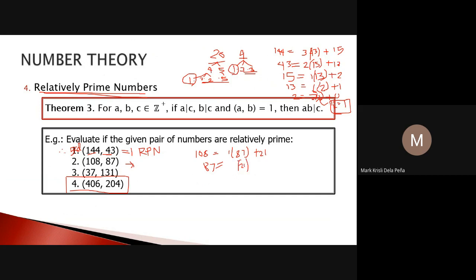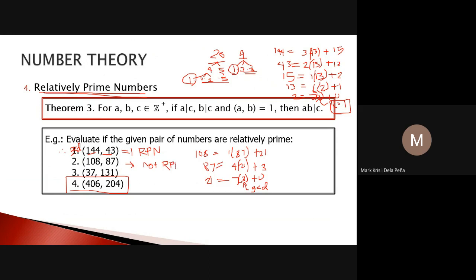This is 4 and 3. So you have 21. This is 3, 7, and the remainder is 0. So the greatest common divisor is 3, which is not 1. Therefore, they are not relatively prime numbers.